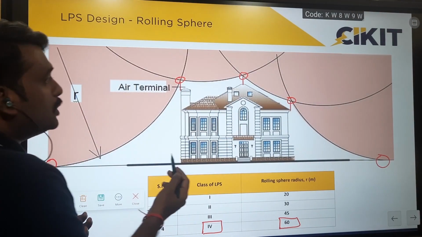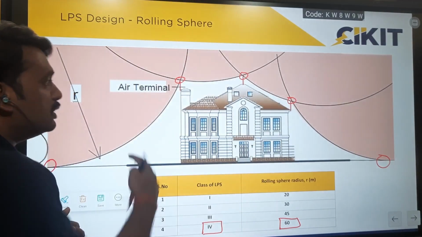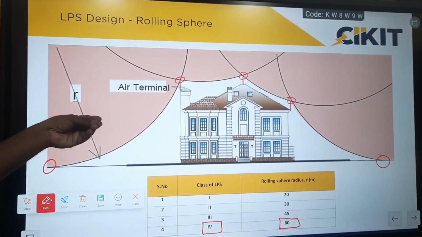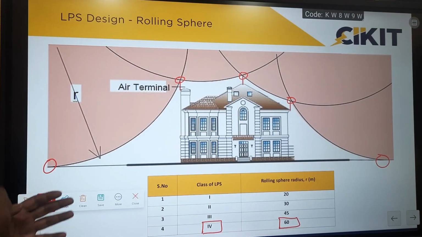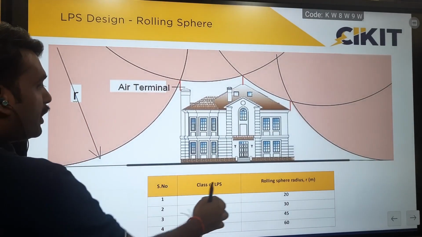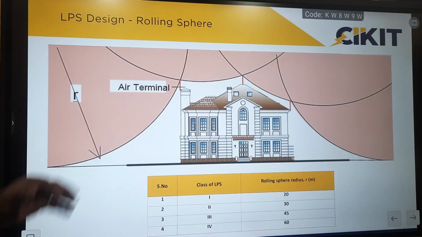In this image we can observe that the sphere is not making contact with any part of the building, so in this case the structure can be considered protected. If it is making contact, then we have to place the air terminals accordingly to avoid the contact. But we cannot roll the imaginary sphere over all the structures to ensure protection.